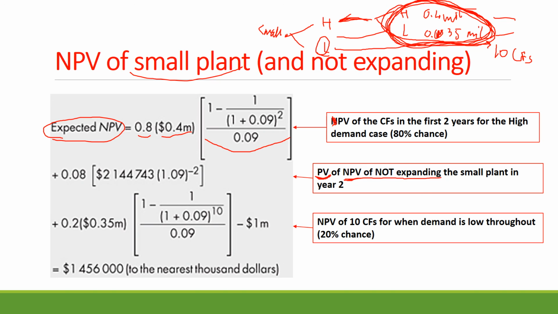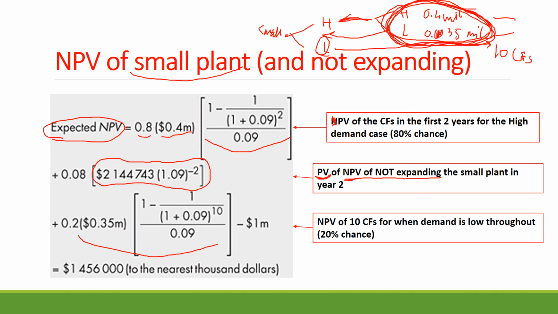So now we simply have to discount this decision back to time 0, right? So the second calculation here is simply the discounting of the decision not to expand back to time 0. Our last cash flow is what we mentioned before.